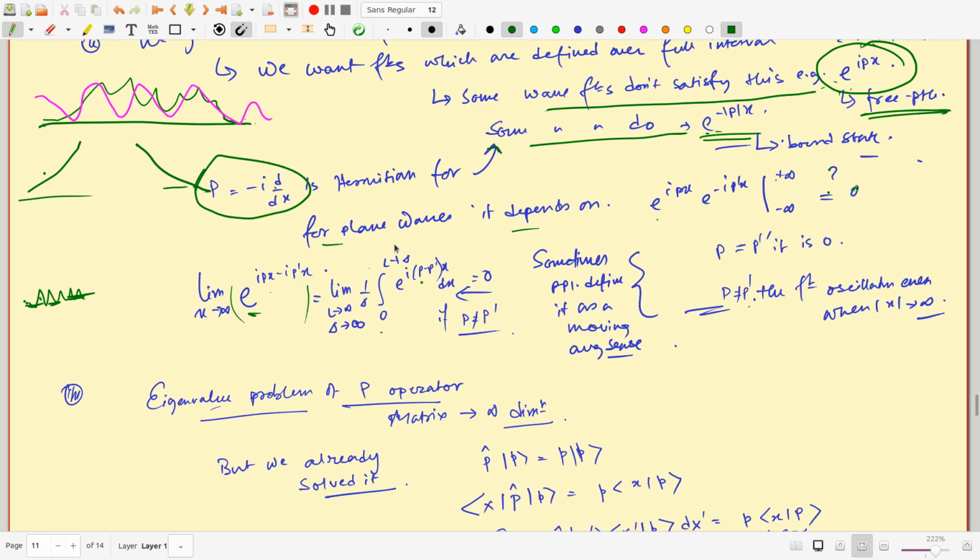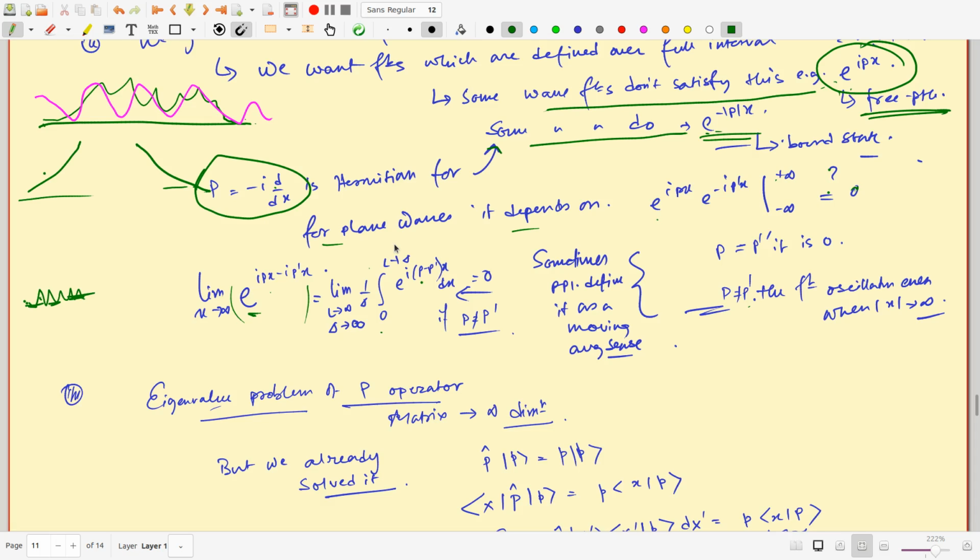But as you will understand, because of the uncertainty principle and all that, there is no truly full plane wave. It's always some kind of wave packet, and a wave packet of course vanishes to 0 at x equal to plus or minus infinity, because it has a finite width. So even though the theory requires you to have some kind of plane waves, in reality you will never encounter this problem.